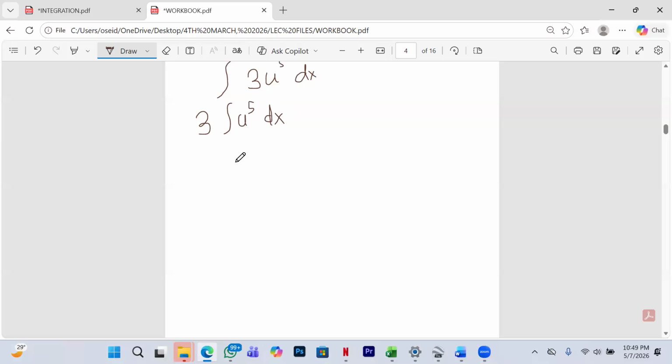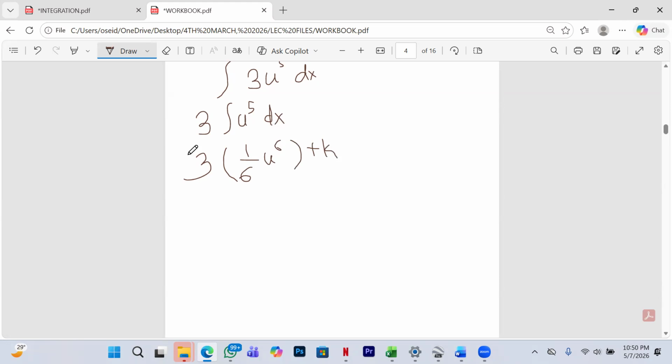So now that we are about to use our normal rule that we use for the integration, we are going to get 3 bracket 1 over 6 u exponent 6 bracket close plus k, because when you add 1 to the 5, you're going to get 6.